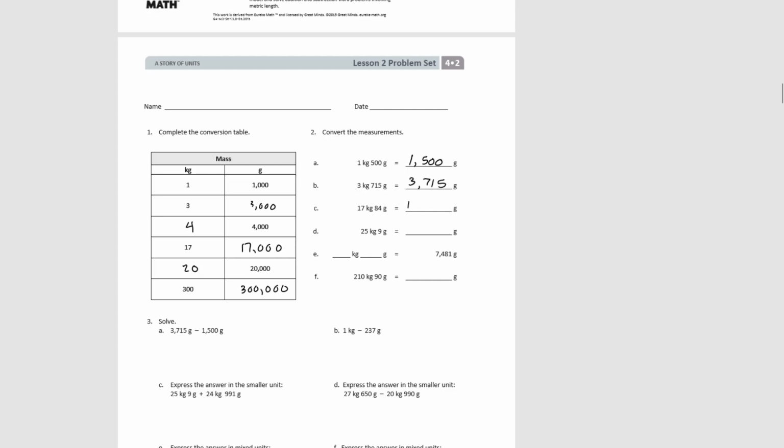For C, 17,084 grams. For D, 25,090 grams. In E, if we had 7,481 grams, we'd have 7 kilograms, 481 grams. And for F, we'd have 210,090 grams.